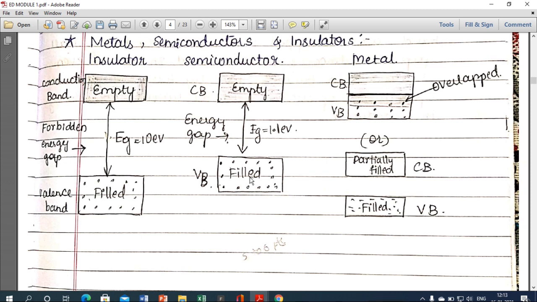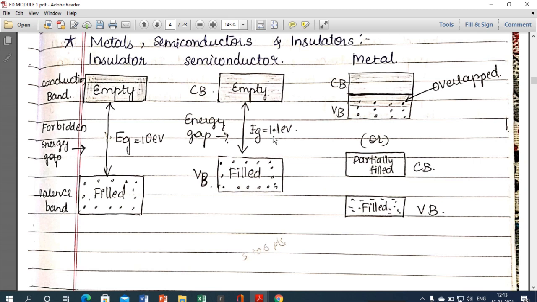As soon as the electrons move to the conduction band for a particular applied voltage, those electrons will cause the flow of current. Because of this, semiconductors are used in manufacturing many integrated circuits, because here the flow of current can be controlled by applying a particular voltage.